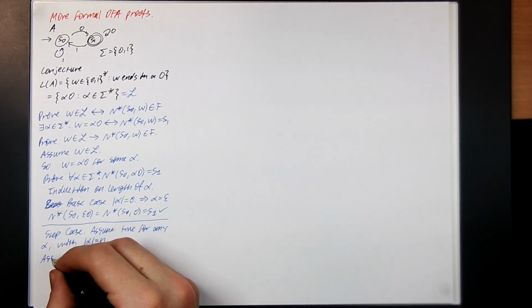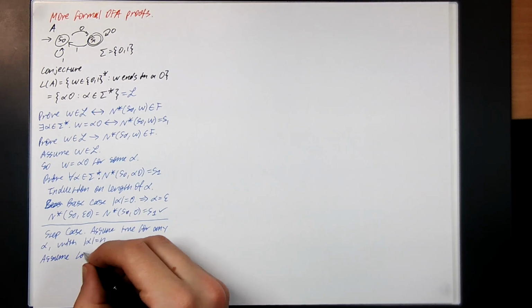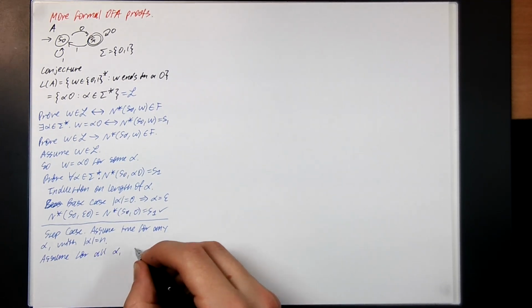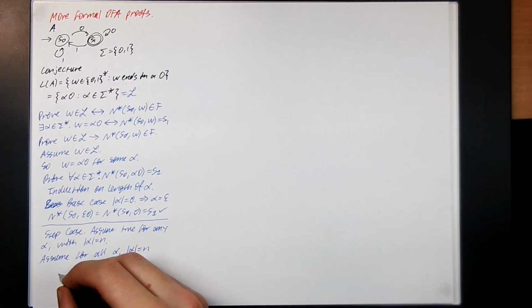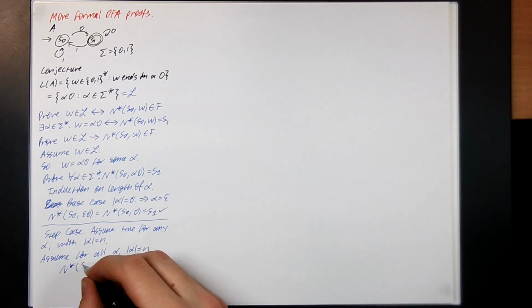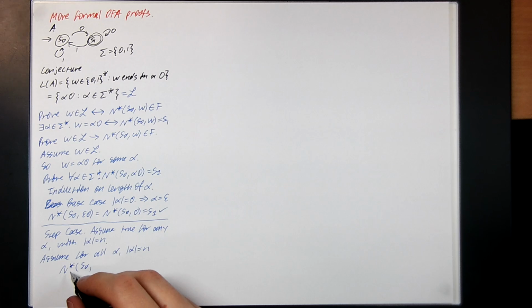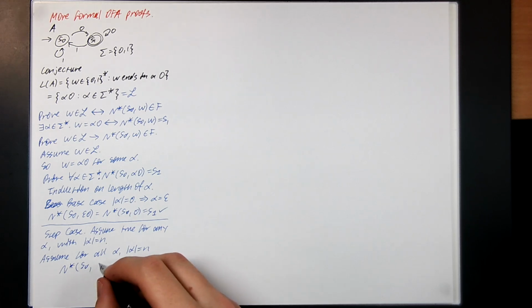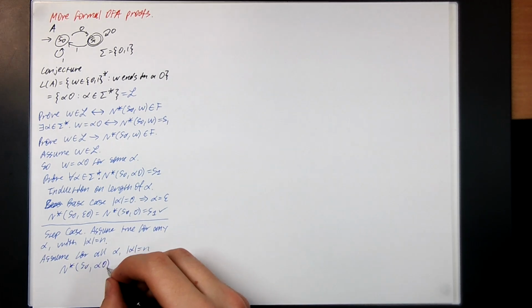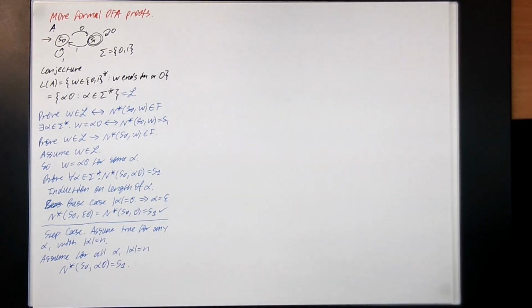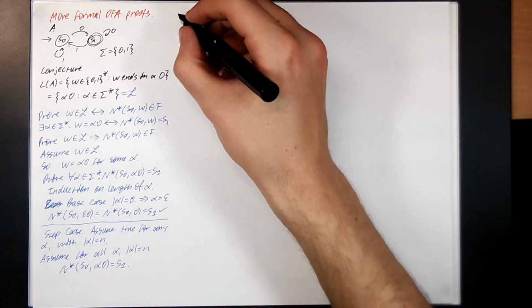So we're going to assume for all alpha with the length of alpha equal to n, that delta star of S0 alpha 0 is equal to S1. Okay, so that's the property we're going to assume. And then I want to prove it's true for all strings of length n plus 1.